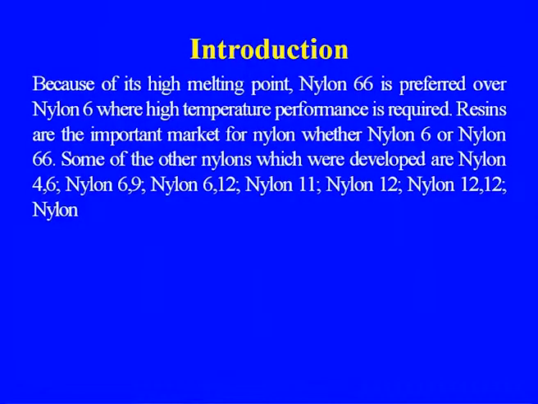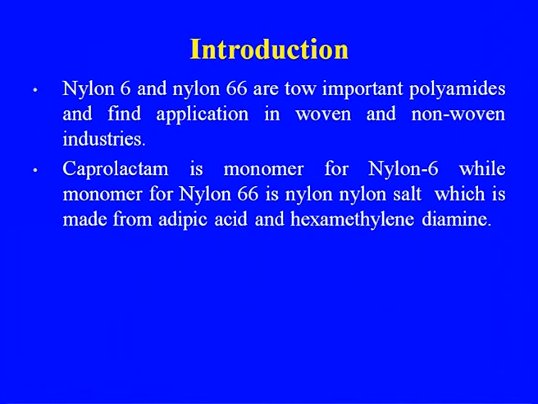Resins are an important market for nylon, whether nylon 6 or nylon 66. Some of the other nylons which were developed are nylon 46, nylon 69, nylon 612, nylon 11, nylon 12, like that. A number of variations in nylon are there, but nylon 6 and nylon 66 are the important polyamides.